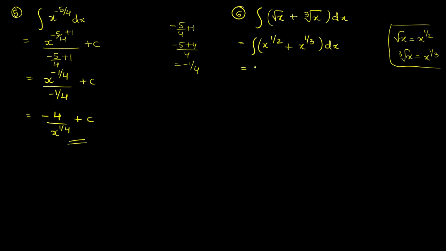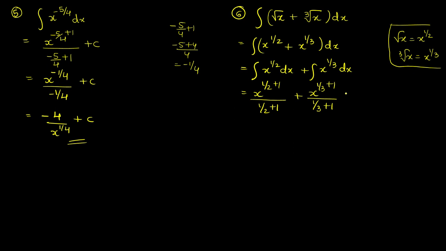We apply integration to both of them separately, that is the integral of x power 1 over 2 dx plus the integral of x power 1 over 3 dx. Now we can apply the integration formula, that is x power n plus 1 divided by n plus 1, plus the constant of integration c.